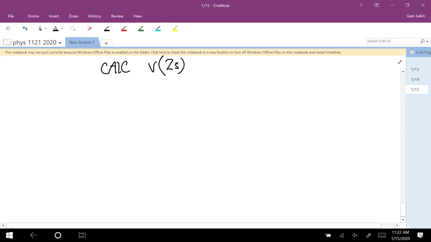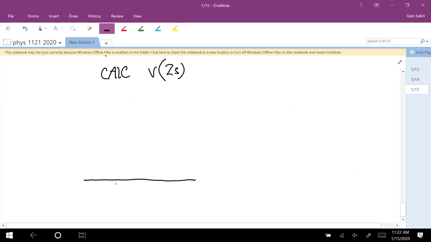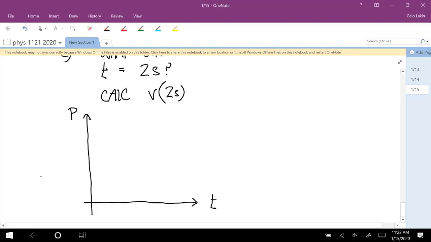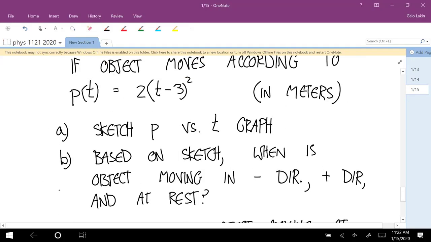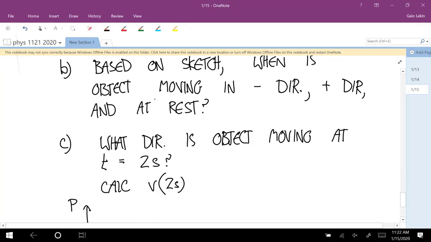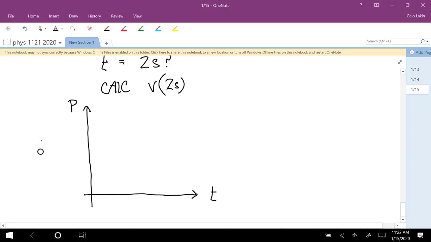Okay, so to sketch this graph, the position is going to be 0 when time is equal to 3. So 1, 2, 3, 4, 5, 6.